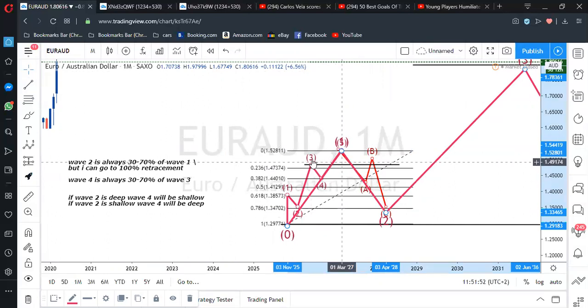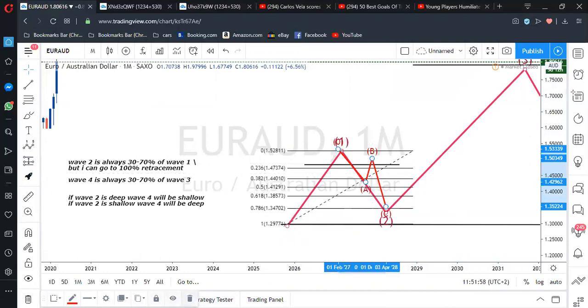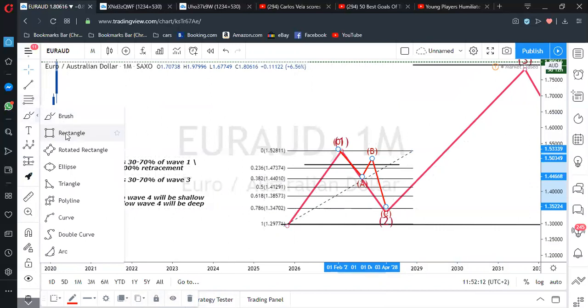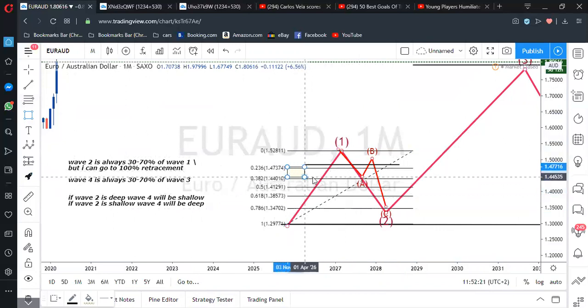Wave 2 has an ABC also, three waves inside. Within this ABC, wave A always bounces off a decision point. The decision point is always in the Fibonacci retracement, how it was measured. It is always in between the zone.